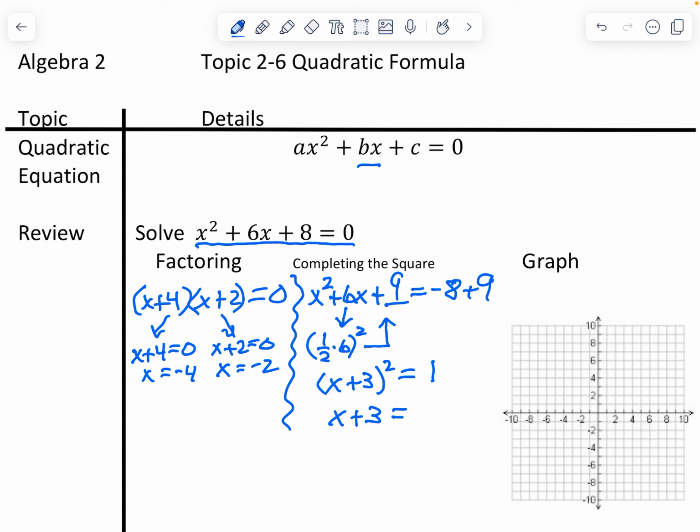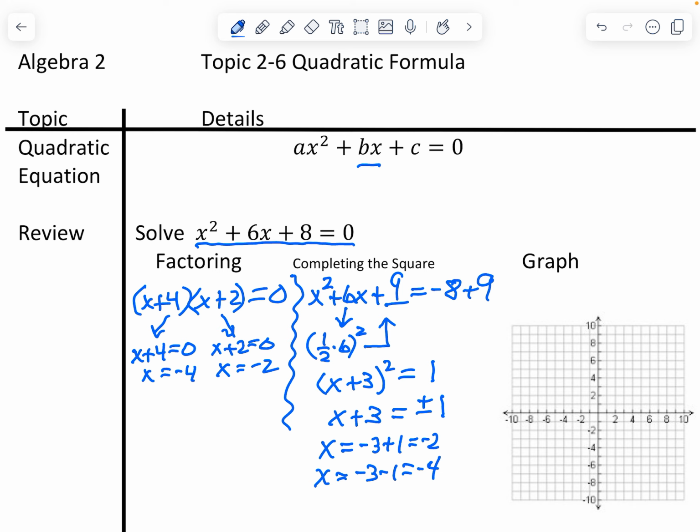But then we have to remember to put a plus or minus on the other side because there's two things that square to equal 1, a positive 1 and a negative 1. Then we subtract 3 from both sides. So x equals negative 3 plus 1, which equals negative 2. And x equals negative 3 minus 1, which equals negative 4. So we get the same two answers as the other problem.